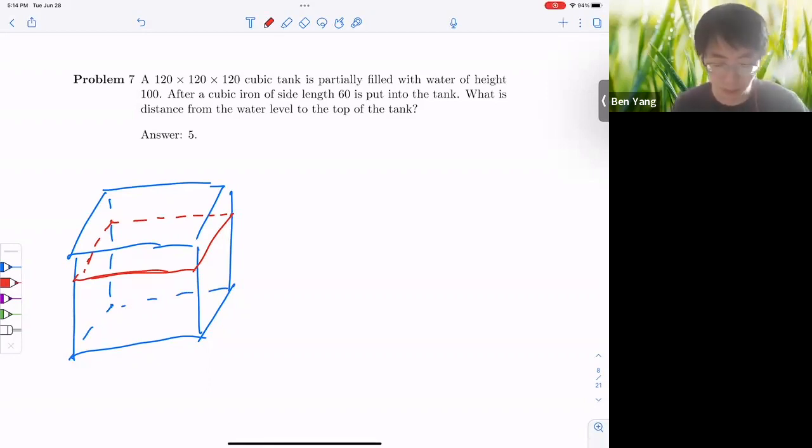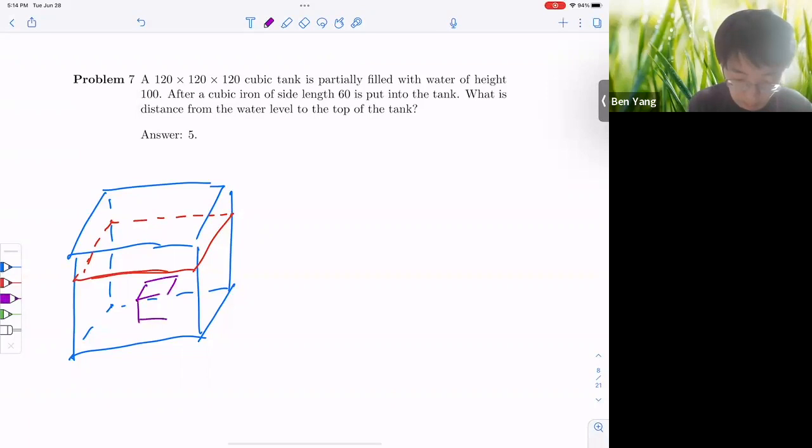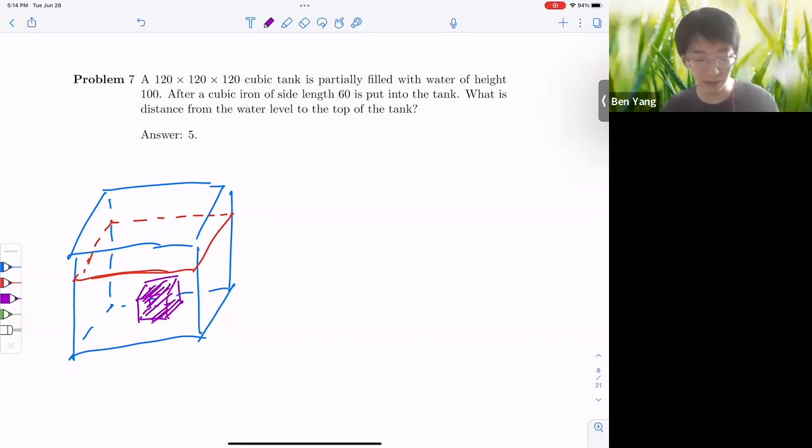Cool. So we put a cubic iron into the tank, then I guess the water level will rise. So let me draw a cube here. It's iron, so it will definitely be at the bottom of the tank.